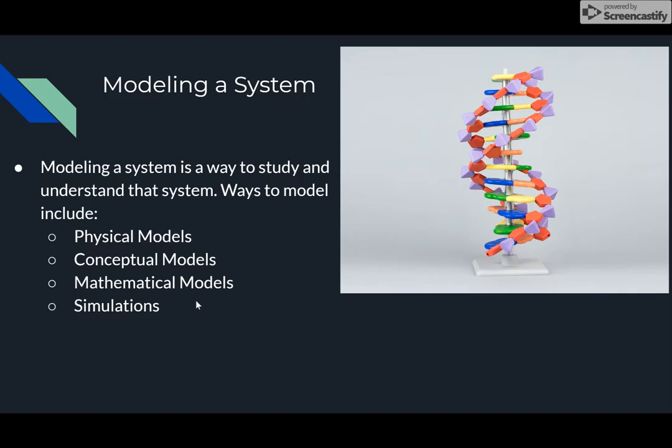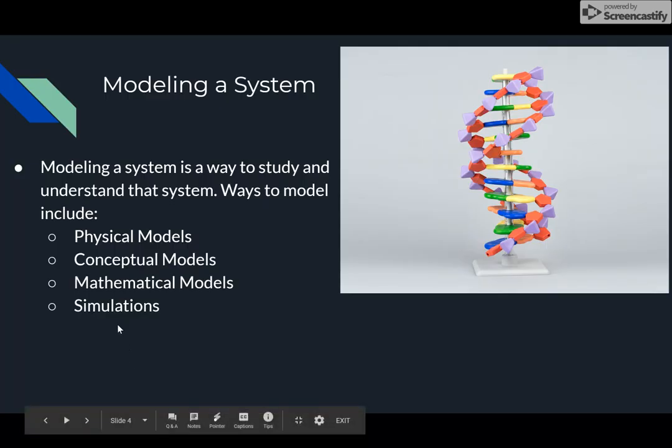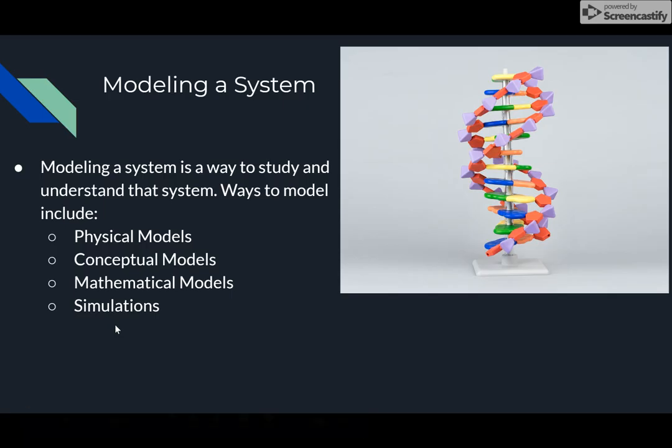We could also build conceptual models, which could be a flow chart or a diagram that illustrates how that component works within the larger system. We could use mathematical models to predict what would happen if we changed something about the system. And simulations can help us predict and also help us visualize at the same time if something were altered within the system.